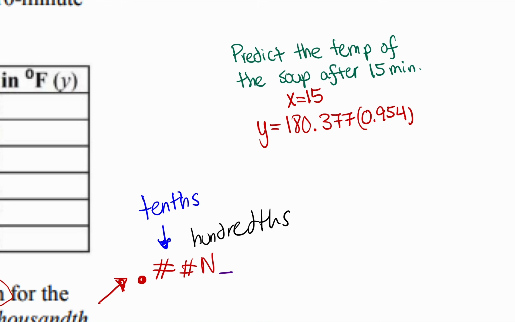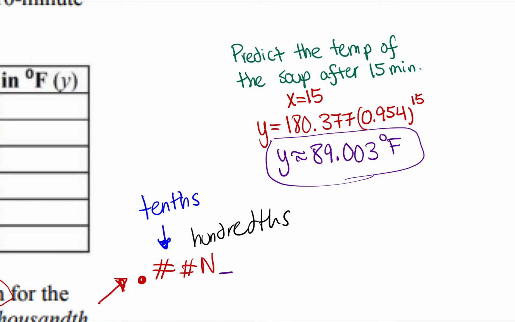But instead of x, we now substitute 15. And if you type this into the calculator and round to the nearest thousandths place, you will end up with y approximately 89.003 degrees Fahrenheit. So what does that mean for us? Well, it means that the temperature of the soup after 15 minutes is going to be approximately 89 degrees Fahrenheit. But if you want to be more direct about this in terms of the thousandths place, it's going to be 89.003 degrees Fahrenheit.